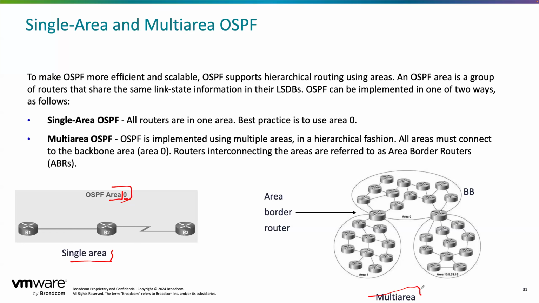But in a multi-area scenario, you can see that there are different areas. We can divide all of the routers into different areas to make it layered. For example, you have area 0, which is often called the backbone area, and I also have area 1. The area ID can be denoted by an IP address-like octet format.